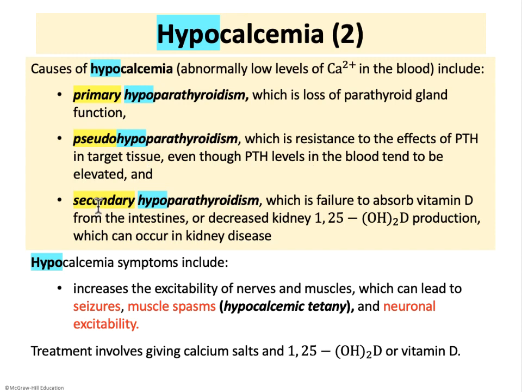And then we have secondary hypoparathyroidism, which is a failure to absorb vitamin D from the intestines or a decreased kidney production of the active form of vitamin D. You can see the symptoms are normally seizures and muscle spasms and neural excitability.